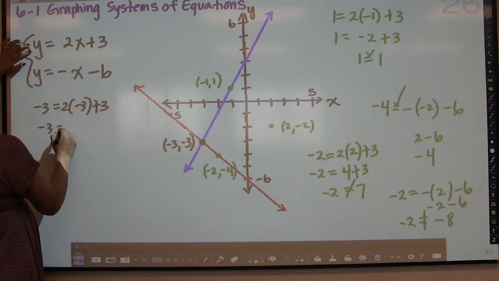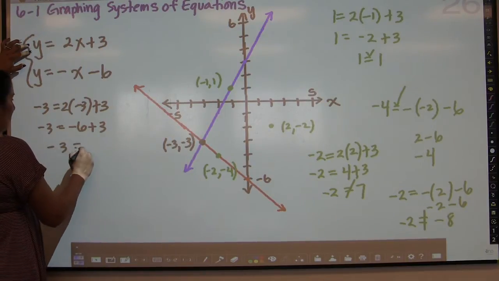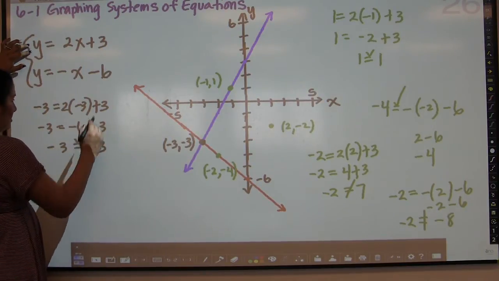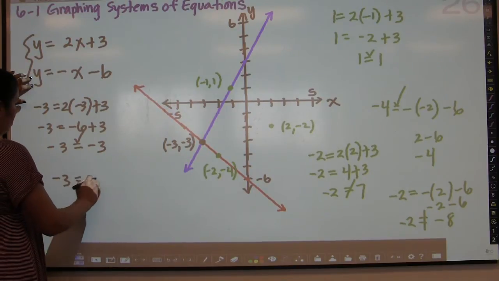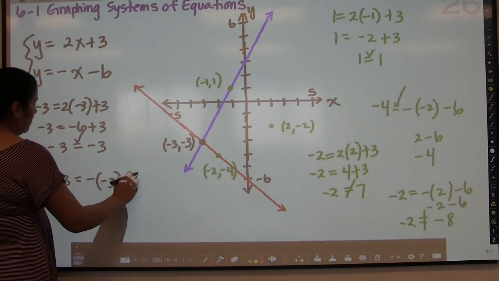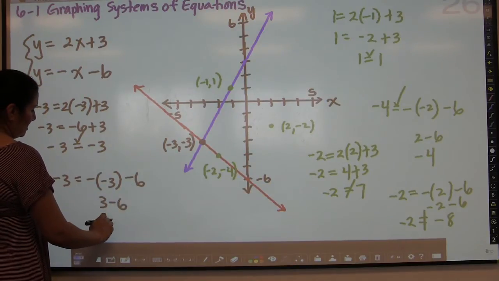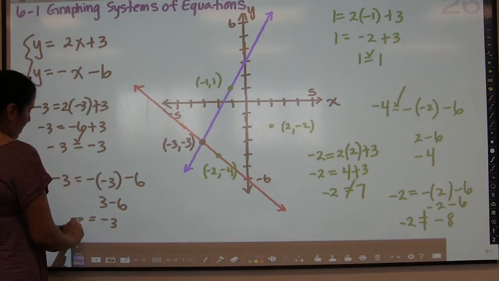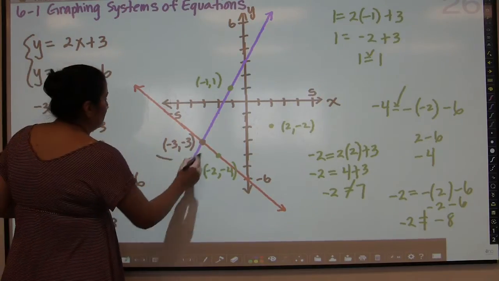So negative 3 equals negative 6 plus 3, and lo and behold, negative 3 does in fact equal negative 3. It checks. I check the second equation and I get y is negative 3, x is negative 3. So these two negatives make a positive, and 3 minus 6 is negative 3. And again, it checks. So this is the solution to my system.